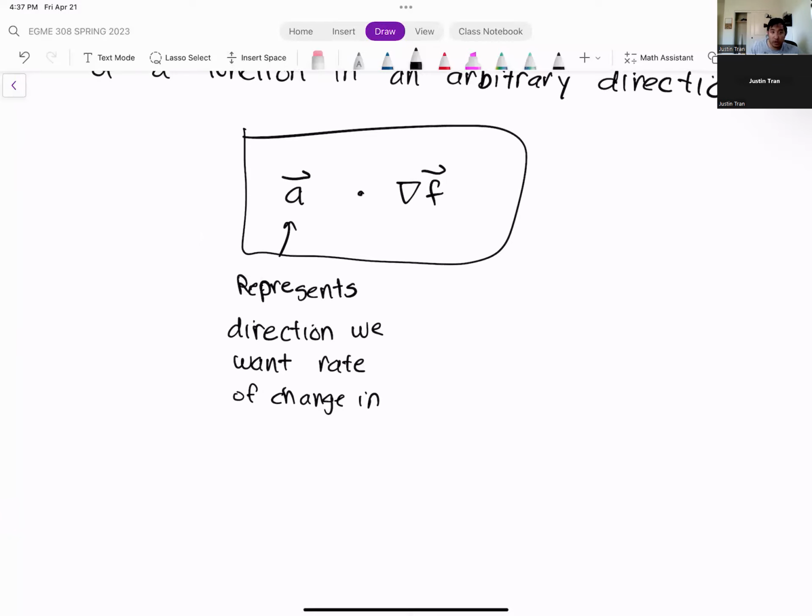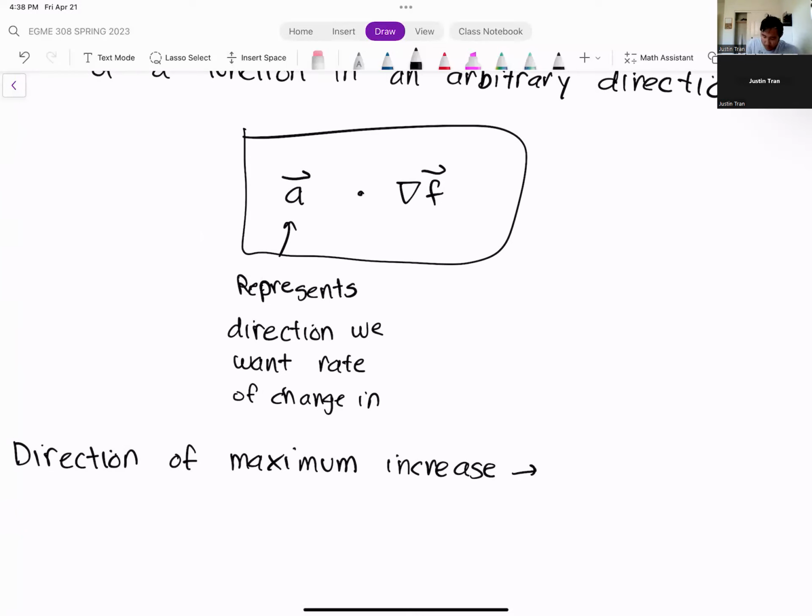Next, let's talk about the direction of maximum increase. This is the application from the homework. I guess this is not really an application of the gradient, more so just an interpretation of what the gradient actually represents.